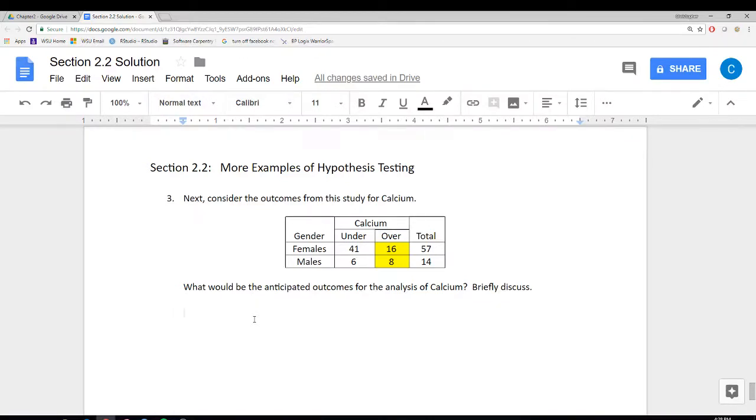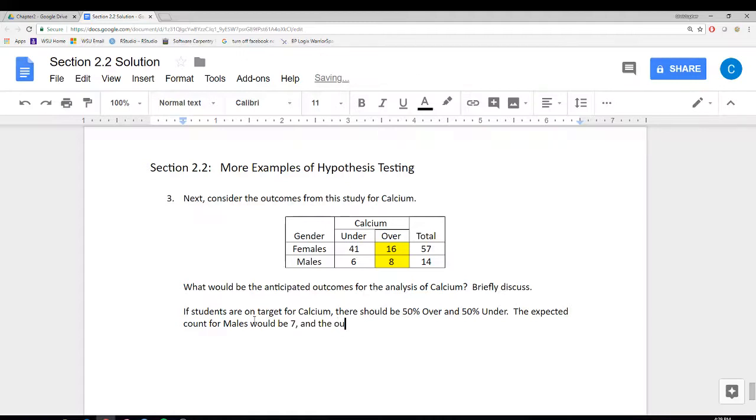So what do we want to say here? If students are on target for calcium, there should be about 50% over and 50% under. The expected count for males would be 7, so 7 over and 7 under.